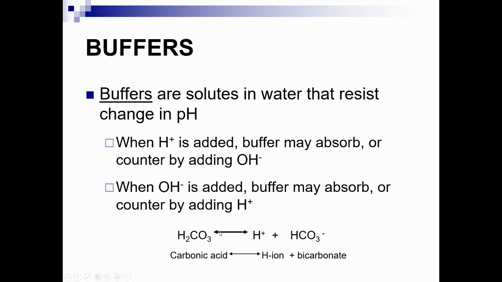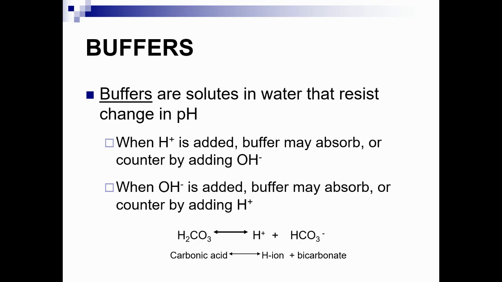So this is in balance, it goes back and forth. If I add more of these, they're going to be taken up and converted to carbonic acid. If I add OHs, if I add a base, I'm going to add to this side, this is going to start to separate and release hydrogens to keep the entire system in balance.